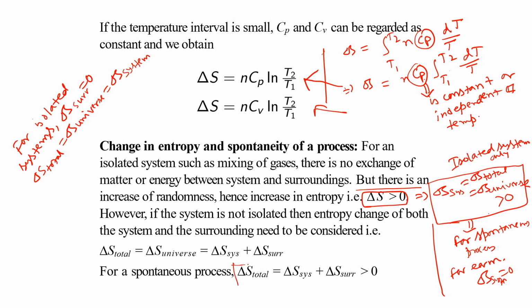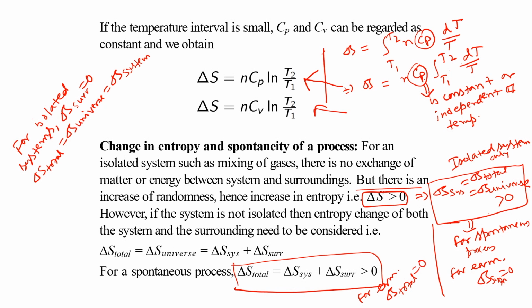This is applicable for all processes. For an isolated process, delta S surroundings is 0, so delta S total equals delta S system, and it has to be greater than 0. For equilibrium, delta S total equals 0.